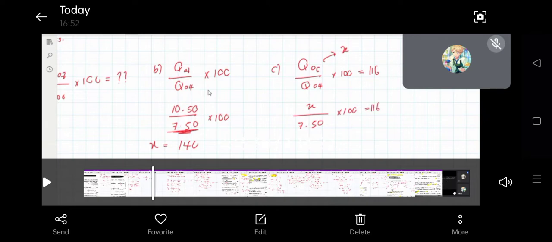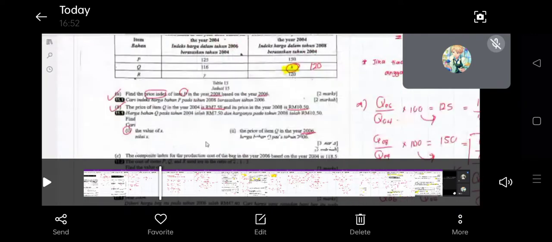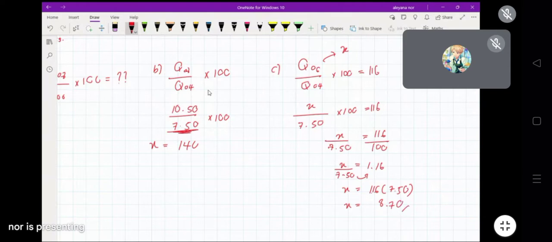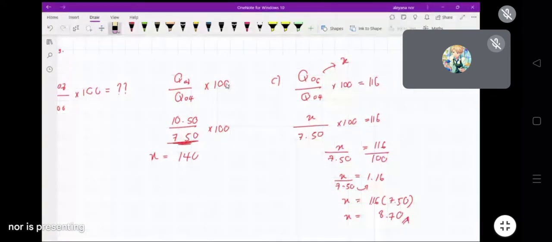So you put x plus 7.50 darab dengan 100 sama dengan 116, and then you do your normal calculation. And at the end, you dapat 870. Please pause to read the equations because I know you might not understand, and this is algebra.